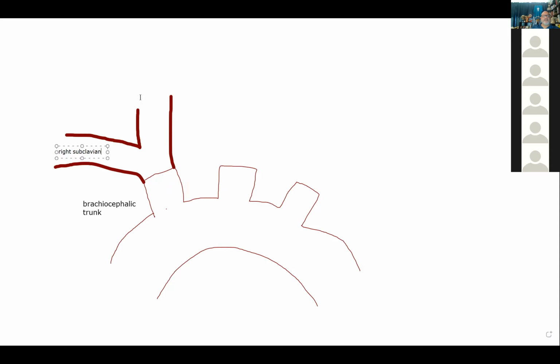And this blood vessel that's going up towards the head, the right common carotid. Now notice we should also be saying arteries after all of these to be specific in our description. Notice we've had to say right for both of those. Why didn't we have to say right for brachiocephalic trunk?